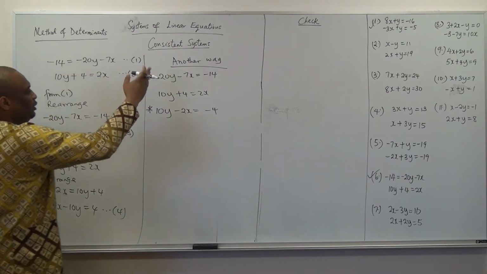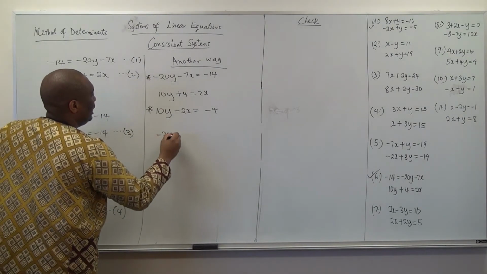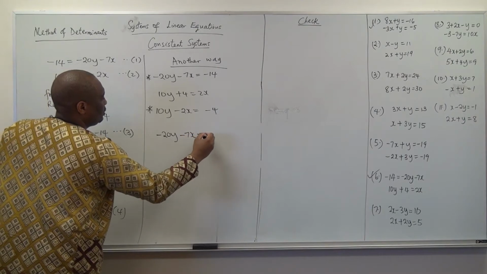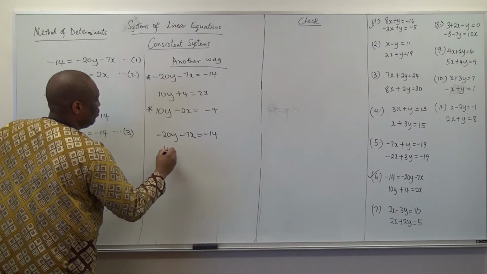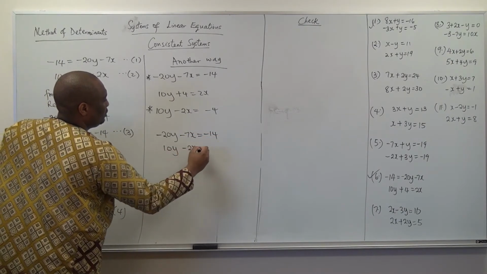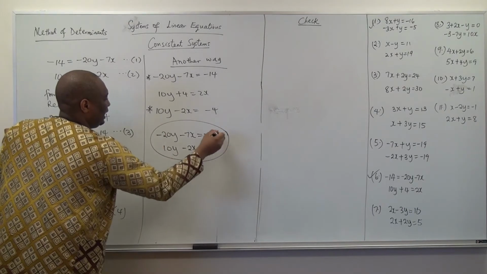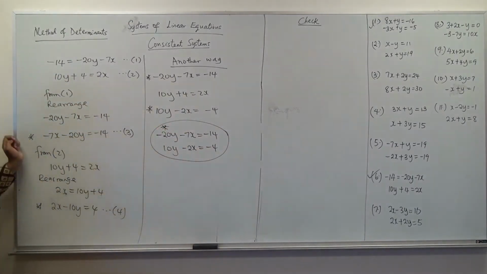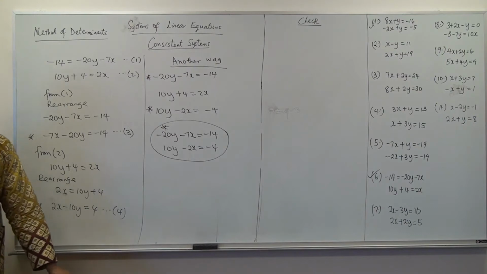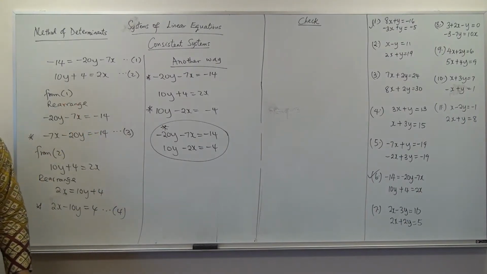So you can use it this way, negative 20y minus 7x equal to negative 14, and then 10y minus 2x equal to negative 4. I'm going to solve it again this way. For those who want y to come first, it still doesn't matter, provided you follow the sequence.